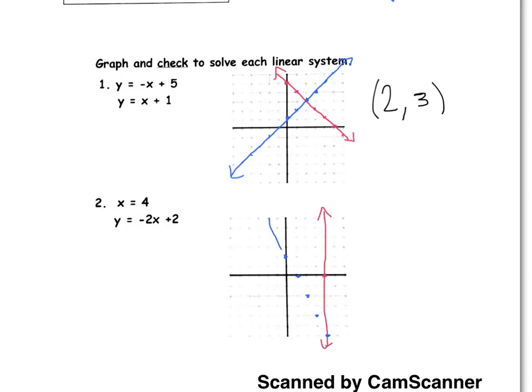And so you get something that goes like that. You can see those two lines intersect right there, which is 4, then 1, 2, 3, 4, 5, 6, so 4, negative 6. So the solution is 4, negative 6. That's it. Graph both lines, wherever they intersect, that's your solution. Let's move on.